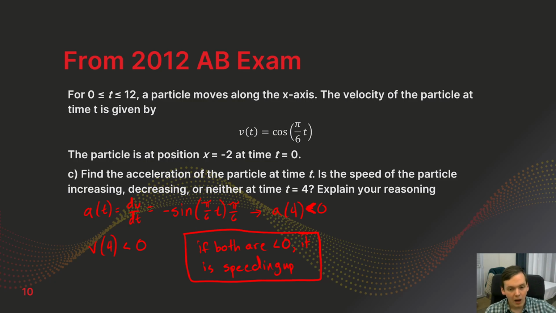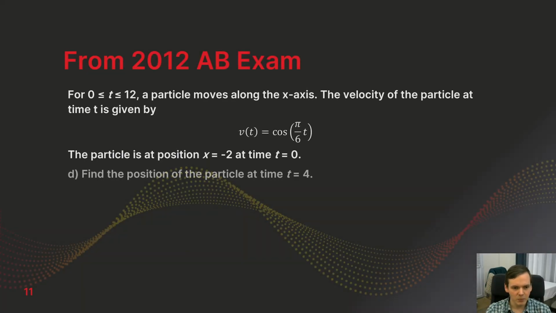If they were opposites, it would be slowing down. If they were the same, both positive, it would be speeding up. And the only way that would be neither is if a equals 0. The acceleration equals 0, so it's not speeding up or slowing down. The rate of change of velocity is 0.